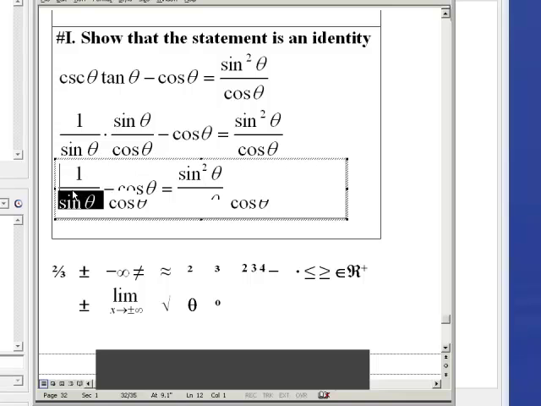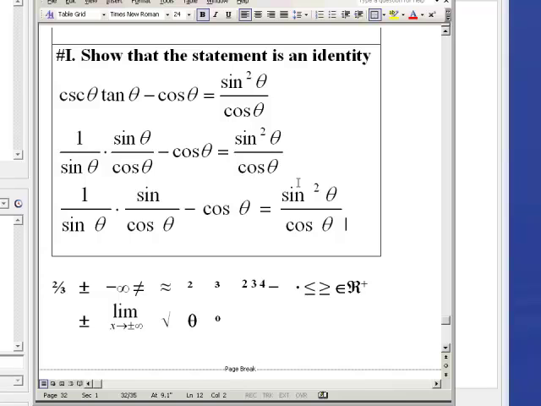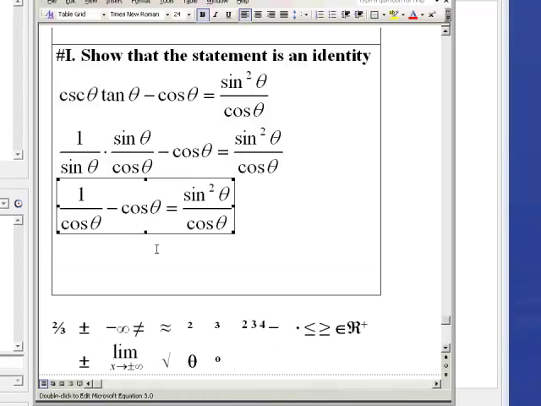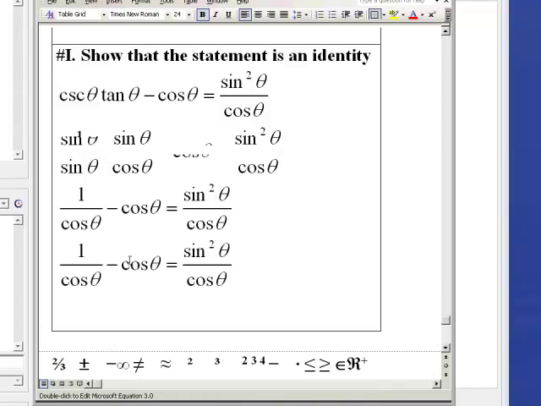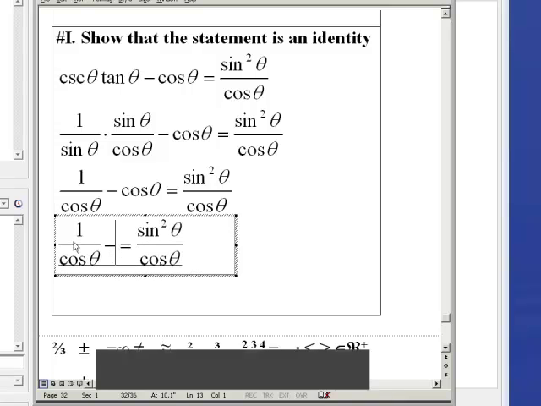So the sine theta has canceled out. Okay. Then this one actually really looks similar to the one we had a moment ago, to the other exercise. Because now what we're going to do is that the common denominator is cosine theta, which means the second fraction here becomes cosine squared over cosine.